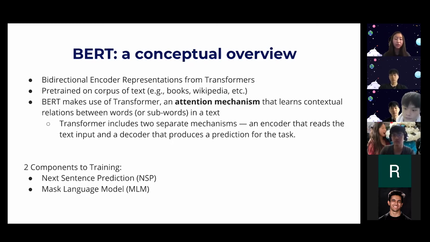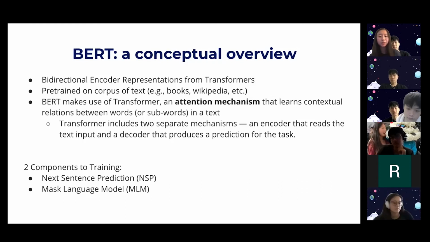So unlike Vader and logistic regression, which are bag of words models that pull the meaning behind each word, BERT is able to actually get context behind what this sentence means and how these two words are related. And so BERT's transformer uses two separate mechanisms, an encoder that reads in the input and a decoder that produces a prediction for the next task.